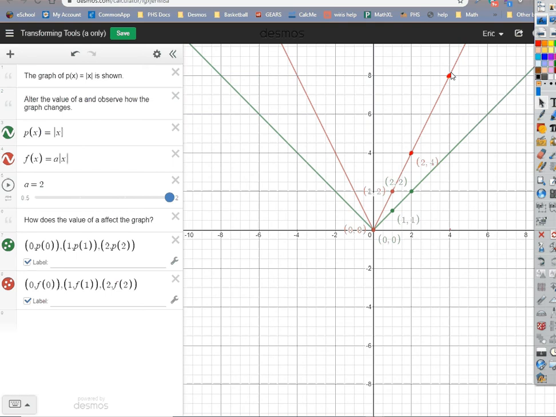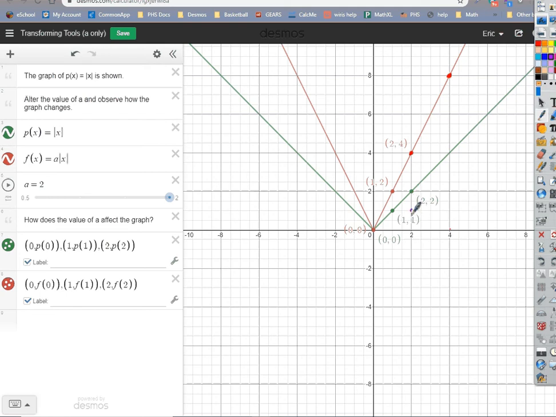Okay? So what would happen if I made a 1/2 instead? What's that going to do? So comparing that to my original parent graph, when I move to the right by 2, my normal height is 2. What would my dilated height be if a was 1/2? It'd be 1, because I'm multiplying the result by 1/2.